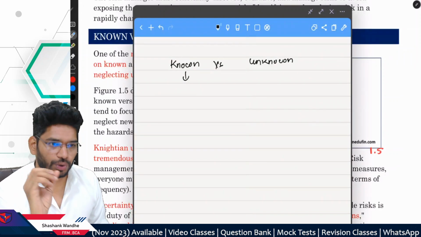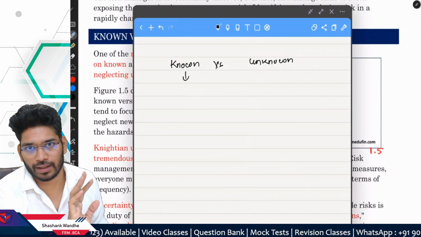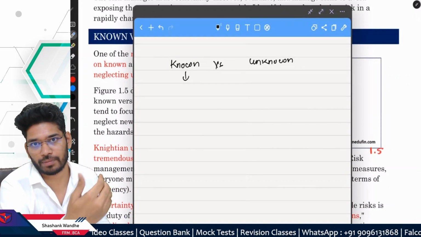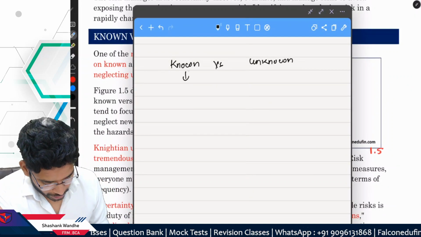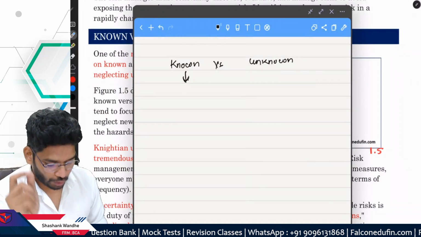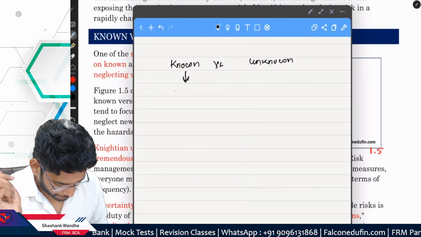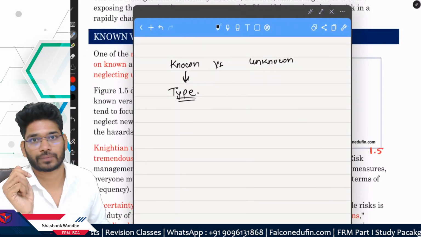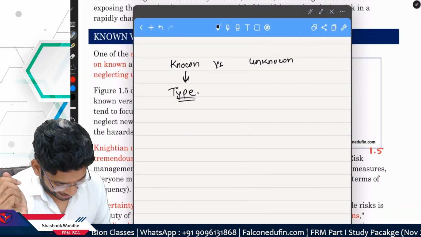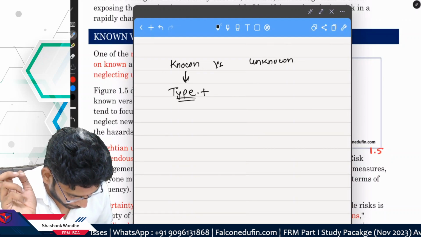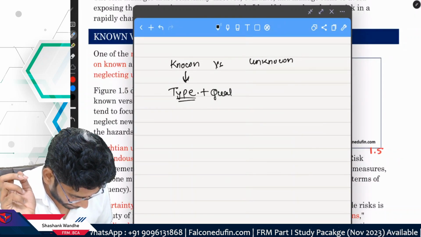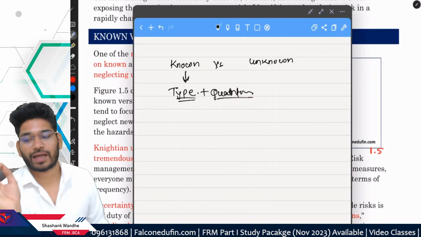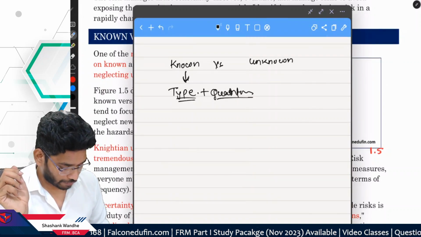You have identified that particular risk. Okay, this is the risk which we are going to face and we have to manage it and mitigate it and everything. So the known part is first the type of risk, and to this we also have quantity. So type of risk and quantity of risk. Fine.